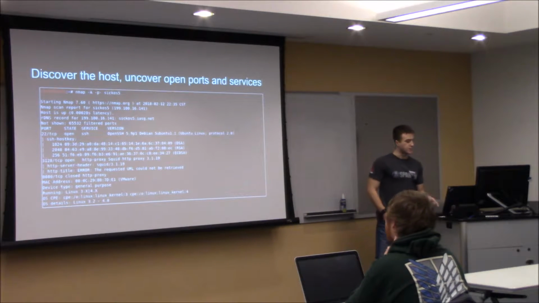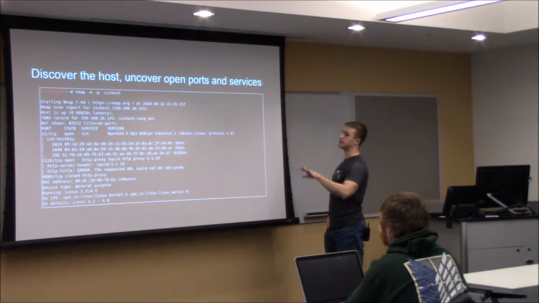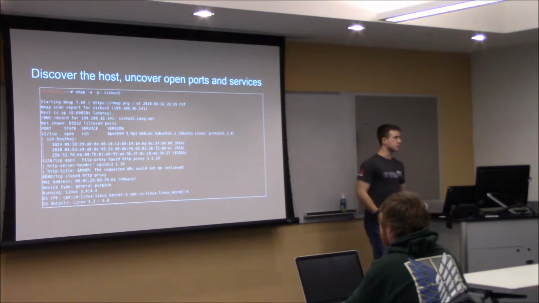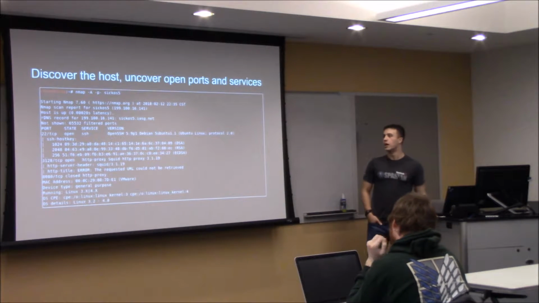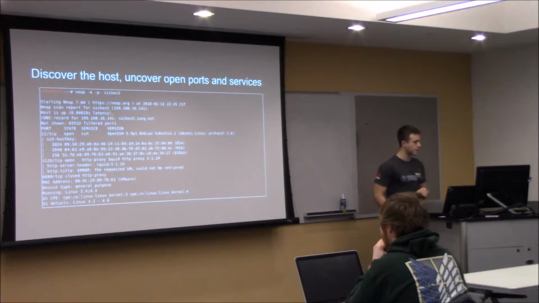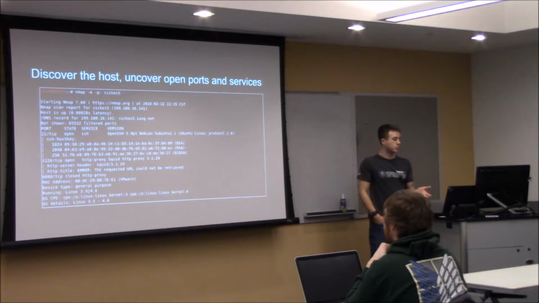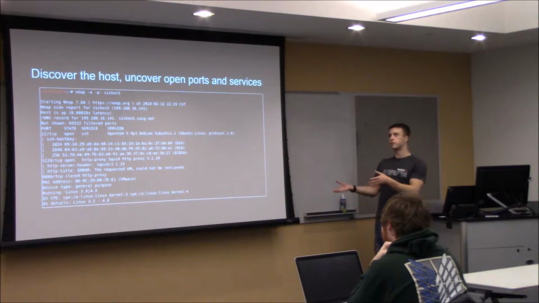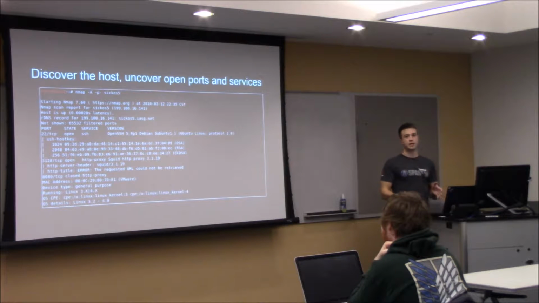And then the -p just specifies all ports, 65,535 of them. Typically, if you don't specify that and only do, I think, the 1,000 most common ports, in these boxes I found that some of them have services running on really weird non-common ports, so it's good to do an all-port scan if you have the time, especially if you're only focused on one box like we are here.